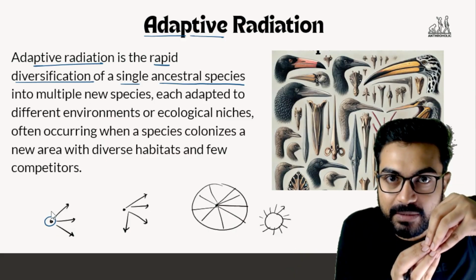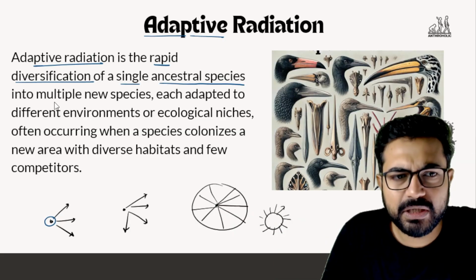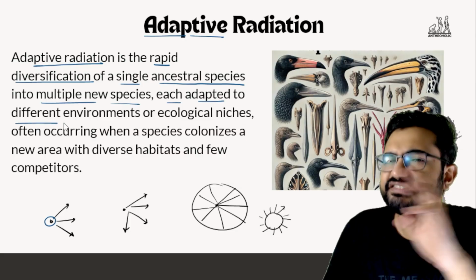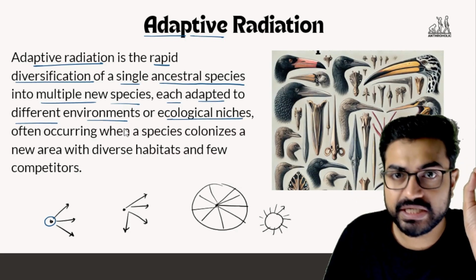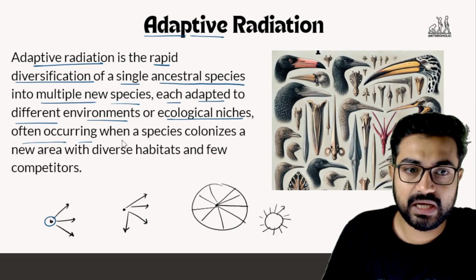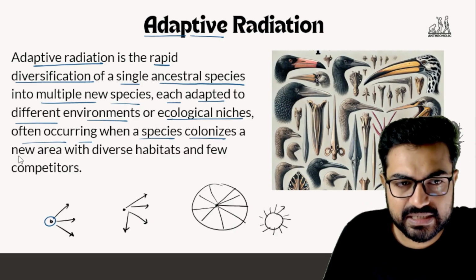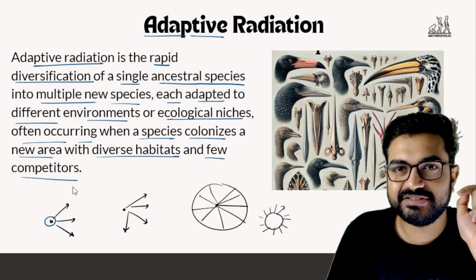It is developing into various different forms, evolving into multiple new species, and each of them is adapted to some new, different environment, or let's say ecological niche. Often this occurs when a species colonizes a new area with diverse habitats and few competitors.